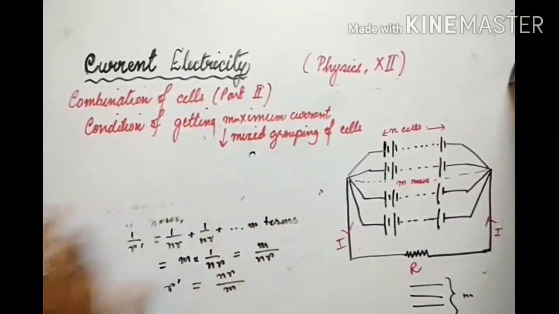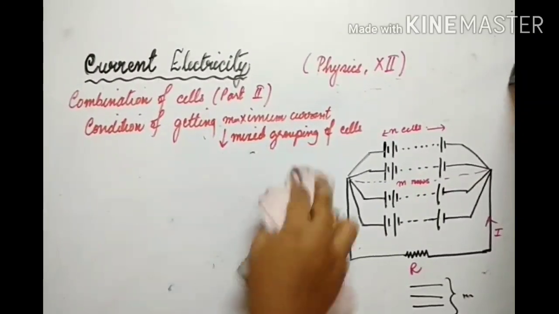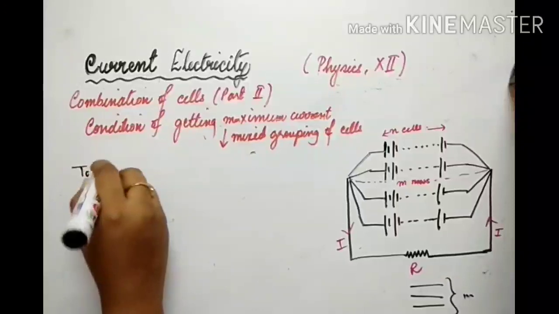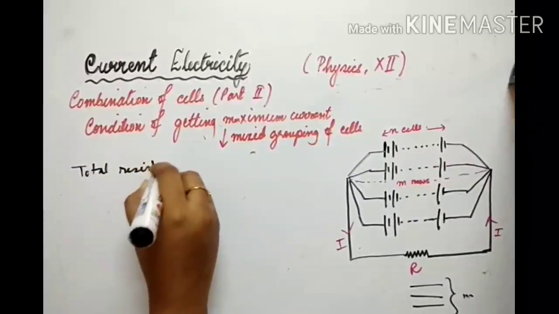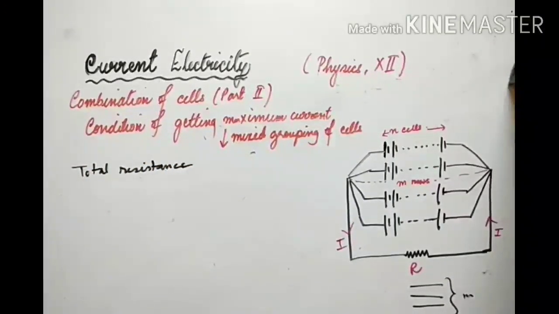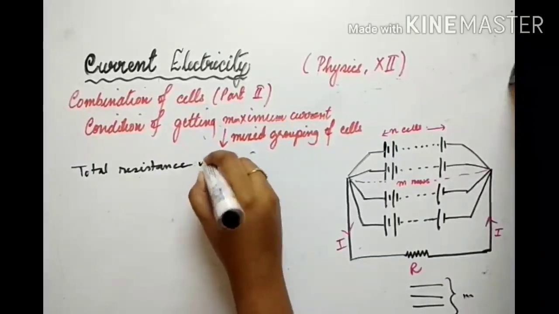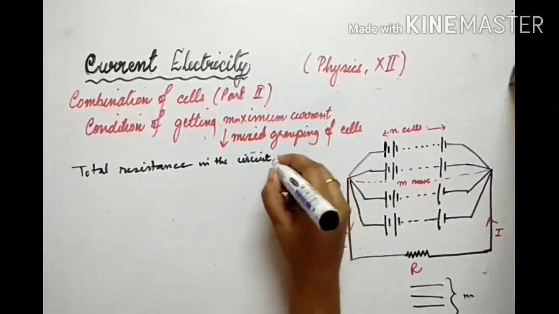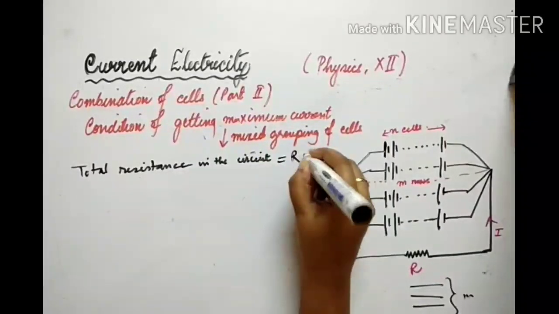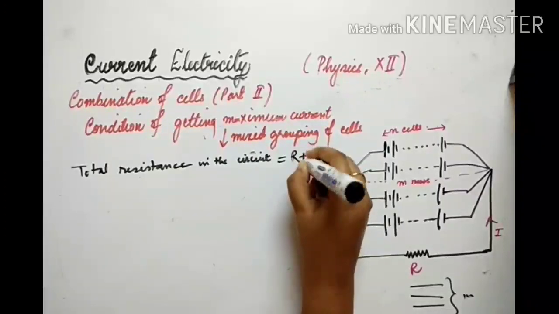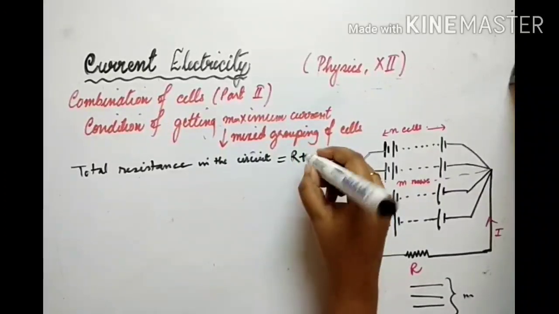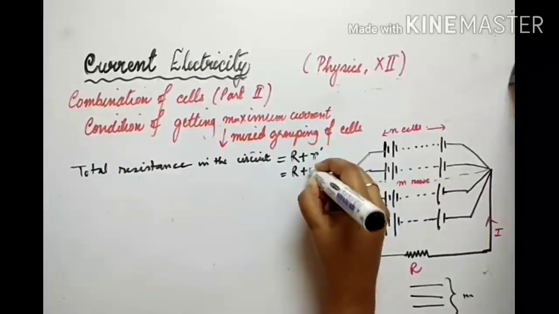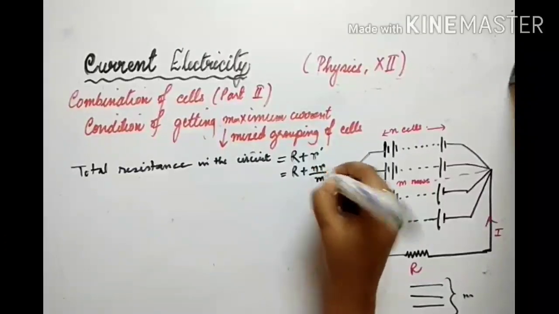So I am erasing this. Now the total resistance in the circuit is what? External resistance plus internal resistance. The internal resistance is R prime, which we just found, so it is nr by m.